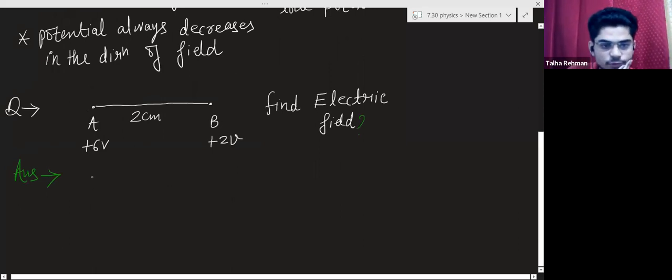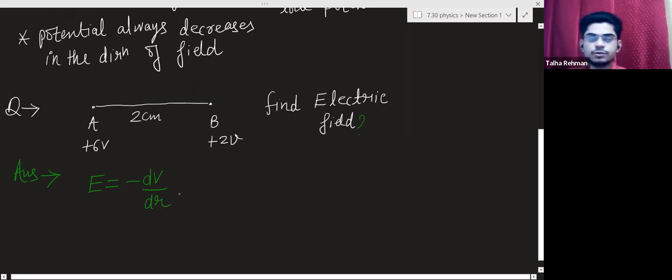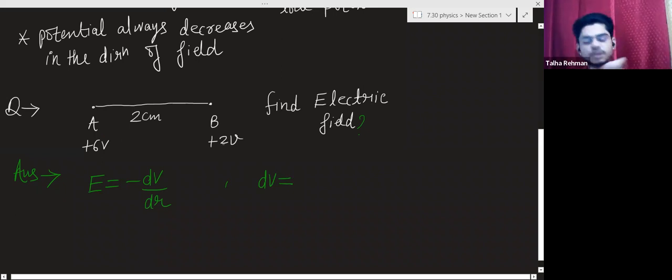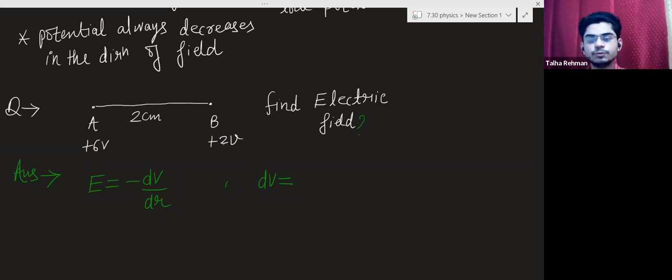So we have a formula like E equals minus dV by dr. What is dV? Here dV we can say is change in potential. Change in potential means 6 minus 2. What amount of potential is changing in going from A to B?